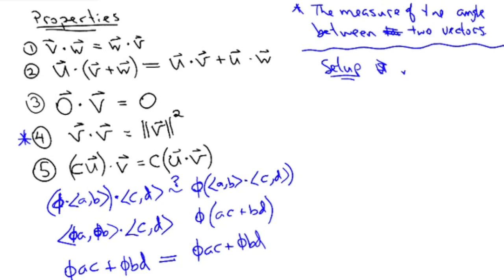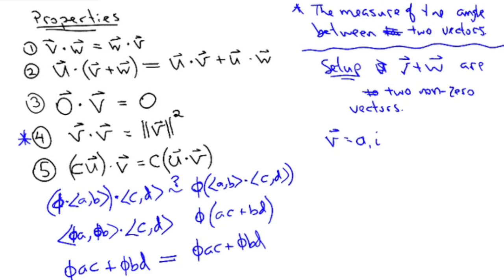V and W are two non-zero vectors. In other words, neither of them is 0, 0, or 0i, 0j. So they have something to them. So the first thing you do is you let vector V equal a1, b1.